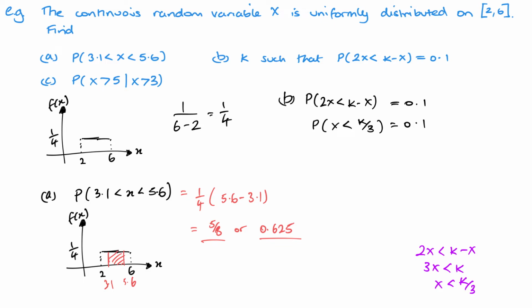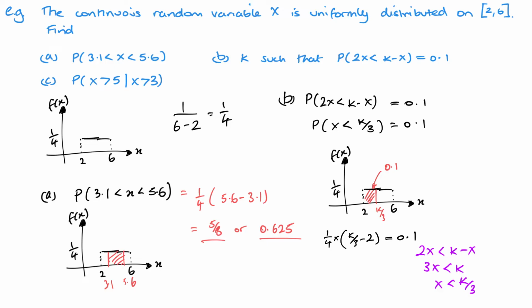So thinking on my diagram, we'd have some value here which is our k over 3, and that area has got to be equal to 0.1. If we're thinking of the area of a rectangle, the height is 1/4 multiplied by the length, which is k over 3 minus 2, and this must equal 0.1.